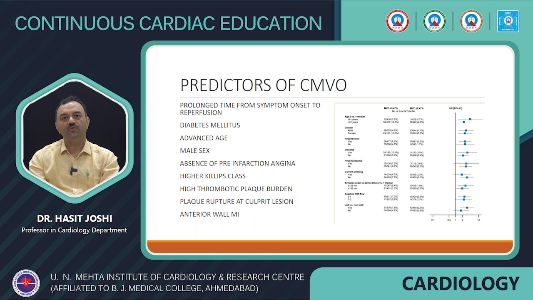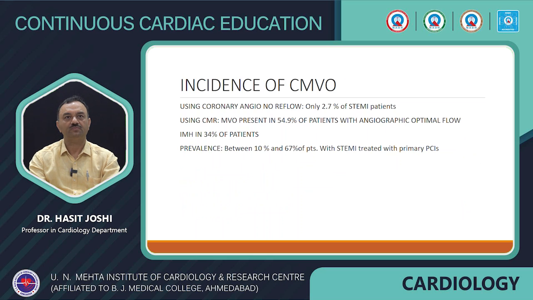So the plaque morphology also plays a role, and if it is an ulcerated plaque with a lot of inflammation, there are more chances of distal embolization of these activated inflammatory plaques, and anterior MI is probably related to more CMVO.